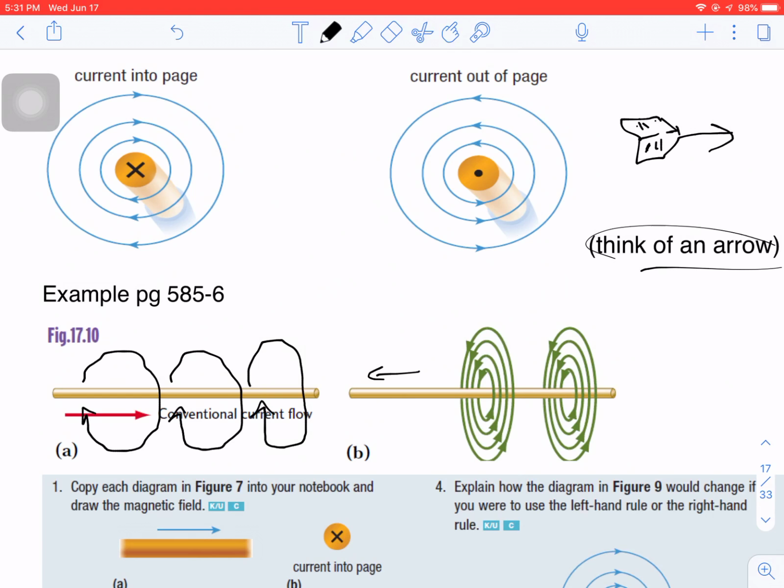Here, electrons are moving right. Here, electrons are moving left. Here, my thumb is pointing right, and my fingers are under the wire coming up. Here, my thumb is pointing left because my fingers are wrapping around the wire from the top and pointing to the left.